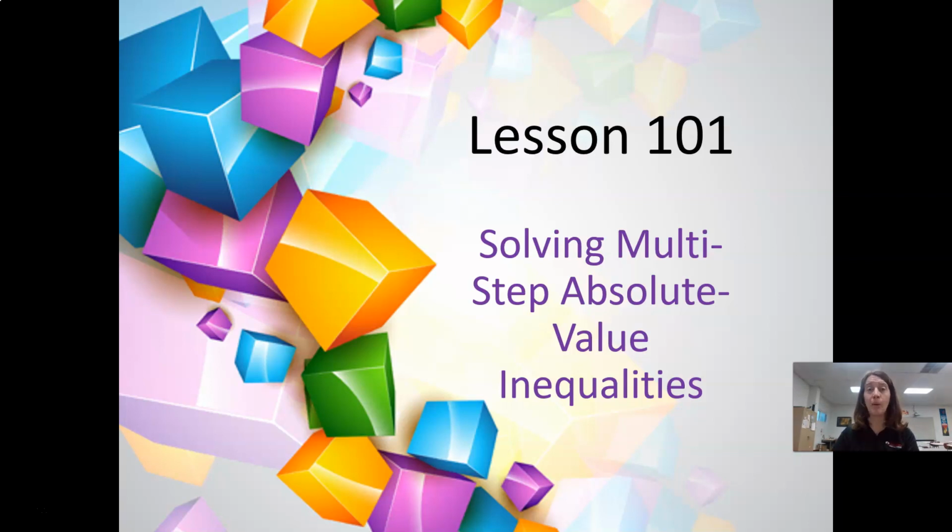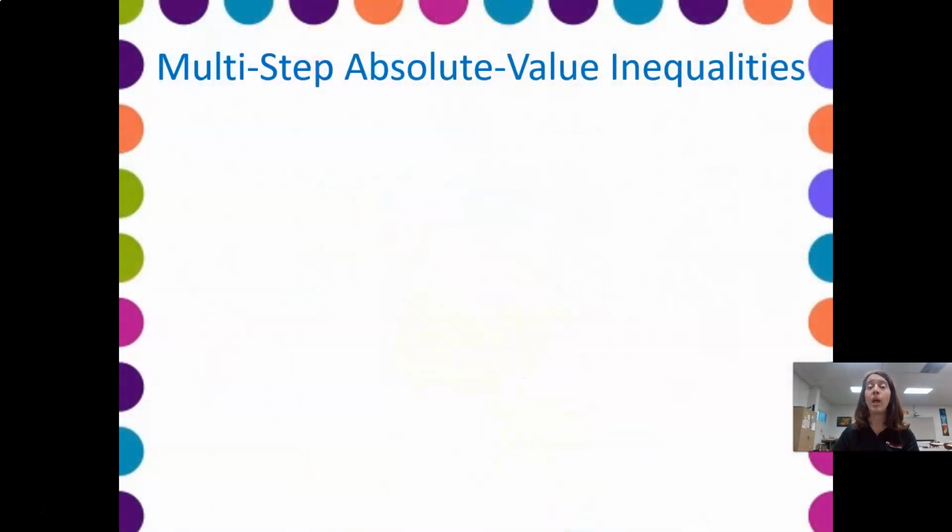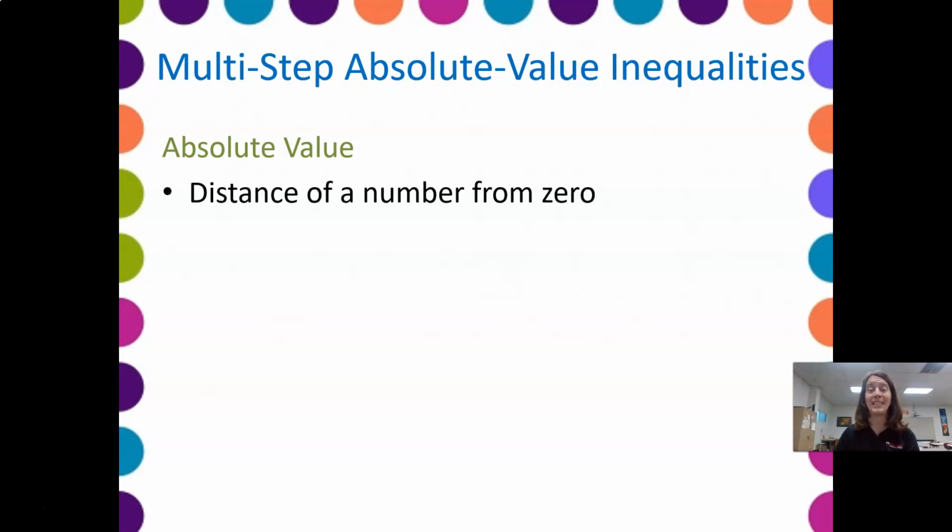Just to review some things that we discussed before to get us thinking along the right process in today's lesson. Remember, what was absolute value? What was its definition? The absolute value of a number is simply its distance away from zero. Remember, your absolute value bars are the two bars that are side by side. You have pieces on the inside, and there could potentially be pieces on the outside of our question.